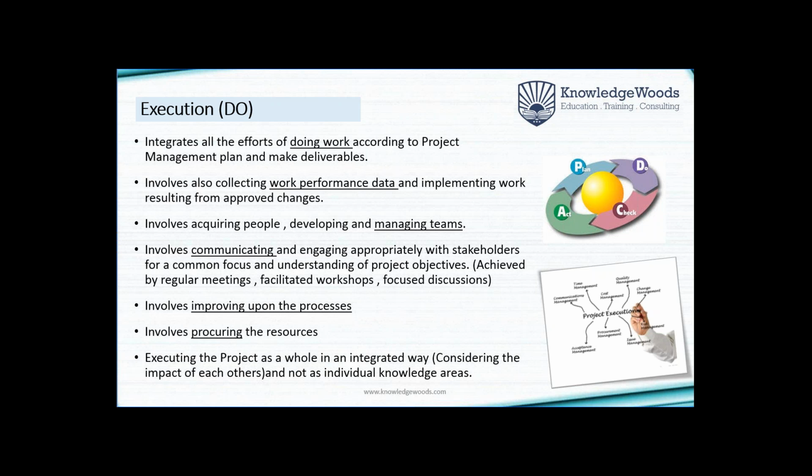All this is considered work performance data, which is useful in making work performance reports, and reports are finally communicated and shared with the stakeholders, correct? So this is just about work performance data. I'm not going into the details of these terminologies, work performance data, information, reports, etc. But by and large, this is what happens in the execution.